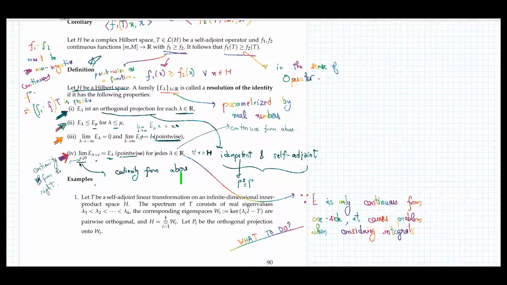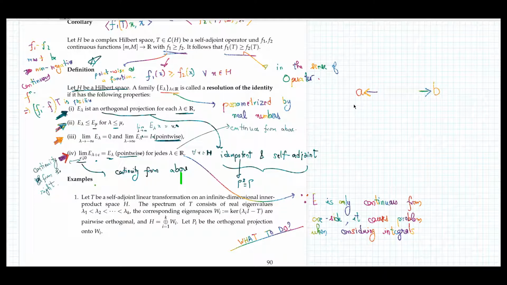If I hadn't had this limit, then I could have easily written small m to capital M, but since E is continuous only from one side, it causes a problem when considering the integral. Now what to do?